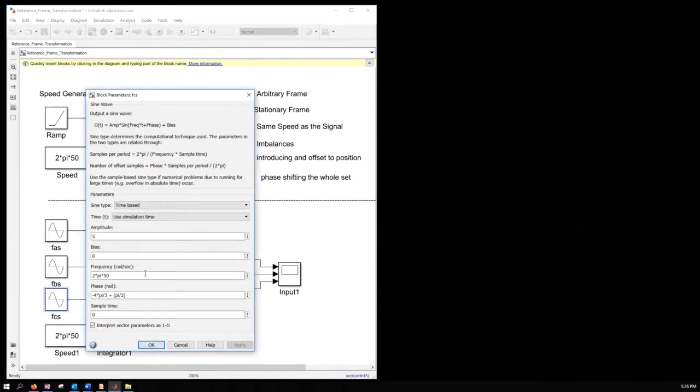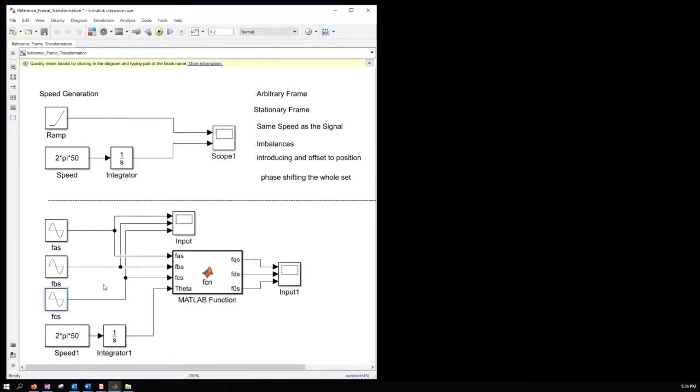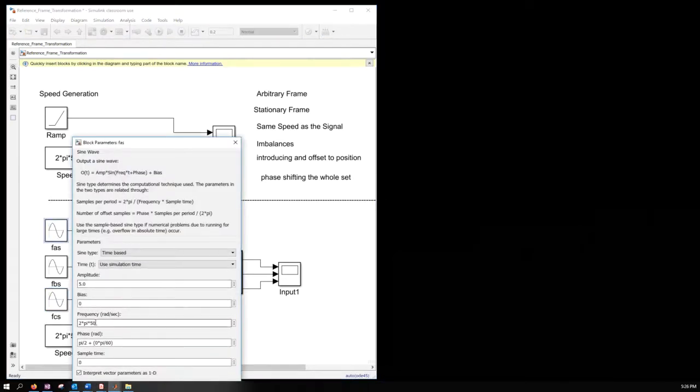We have the pi by 2 phase offset to make it a cosine, and then we have negative 4 pi by 3, which makes it again 120 degrees out of phase. So we have these three phase signals, could be voltages, could be currents, and then I have this position signal, which is aligned with the same frequency as my signal.